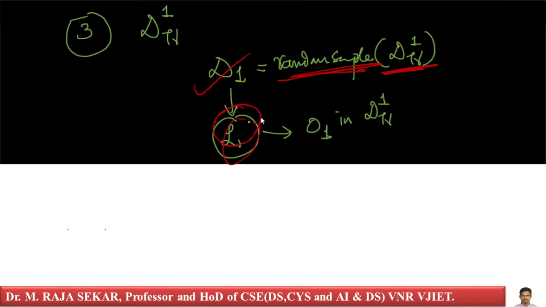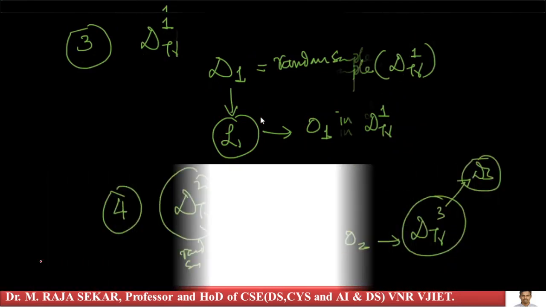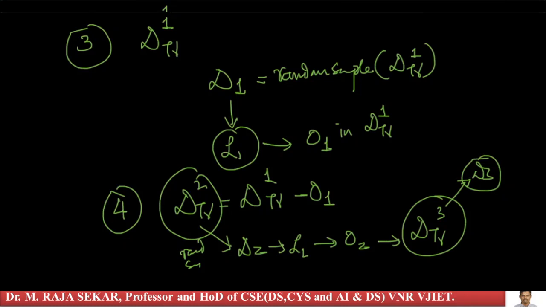You are building a model L1 on top of it and find outliers O1 in DTR1 using the model L1. Now you construct a data set DTR2, which is DTR1 minus O1. Now on this again we construct D2.